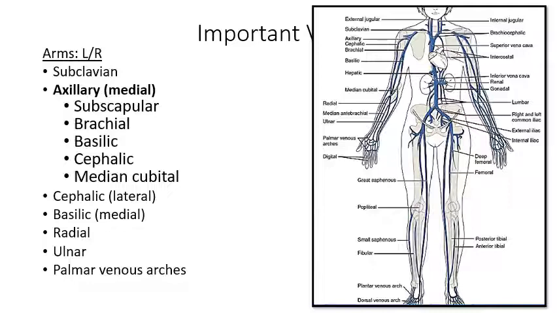Okay, so the arms, we have the subclavian vein. If you start way down at the bottom in the hand, you have the palmar venous arches, which deliver blood to the ulnar vein or the radial vein. And then the blood travels up through an interesting anastomosis in the axillary region, where you have all of these veins that are kind of interconnected. You start with the palmar venous arches. They deliver blood to the ulnar vein or the radial vein.